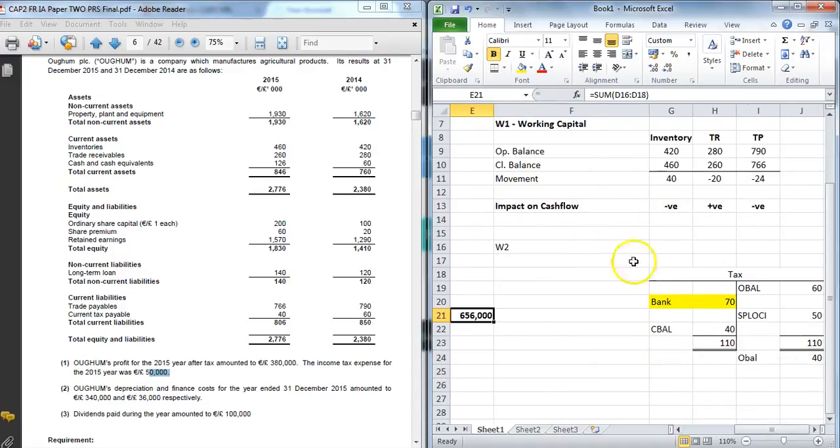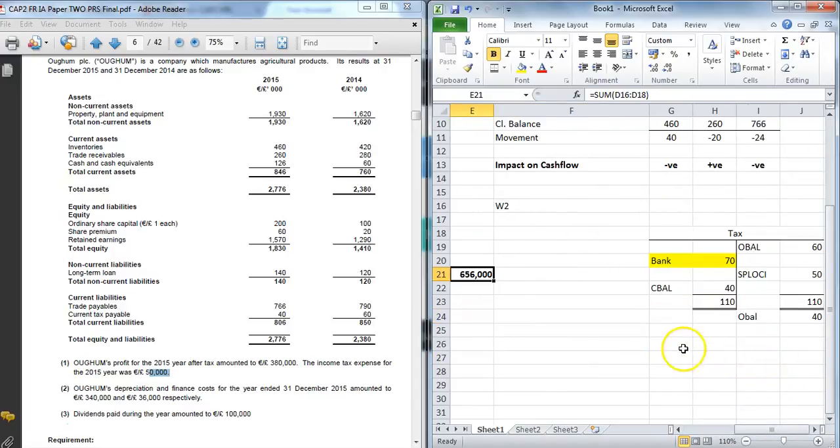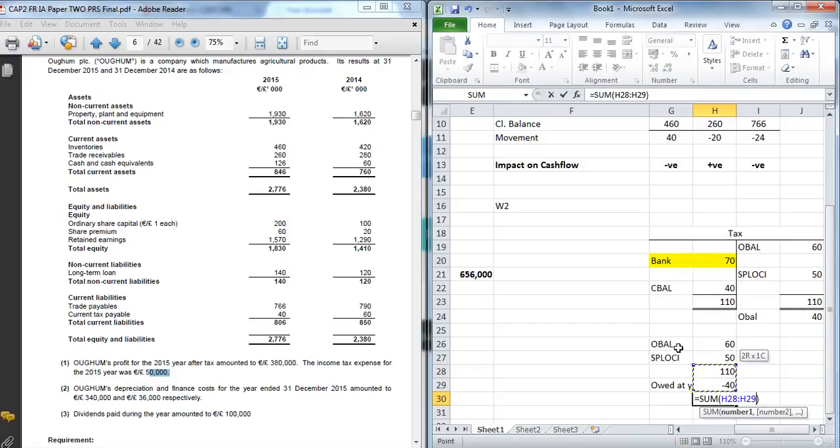Now, instead of doing the T account, what you can just do is start off with the opening balance and say I owed 60 at the start of the year. The P&L element for the year was 50, which means 110. Owed at year end is 40. Therefore, how much was paid? Paid during the year was your 70.